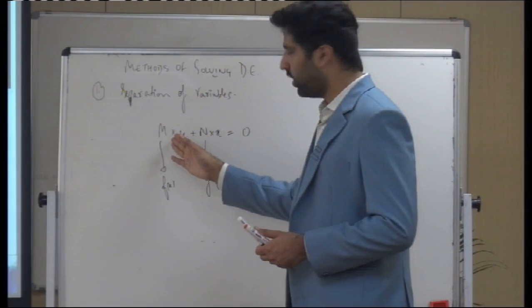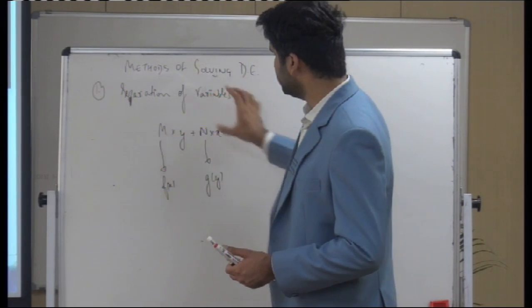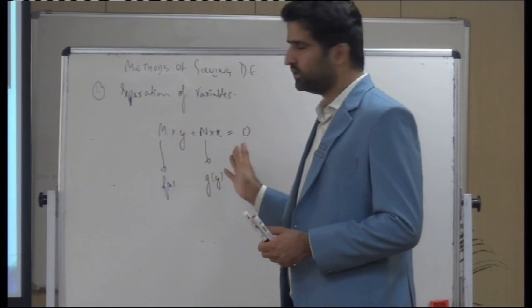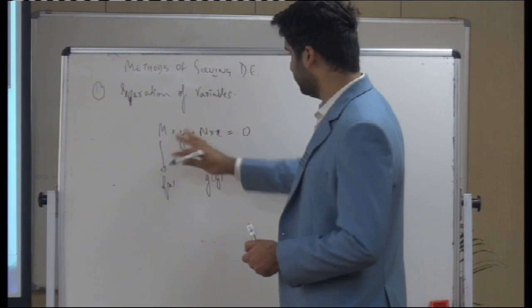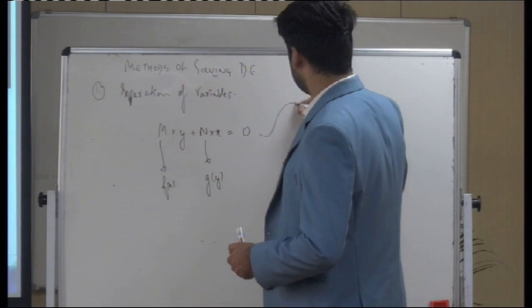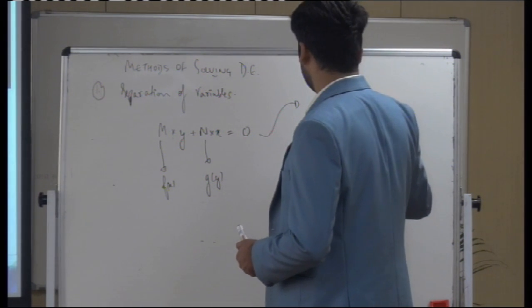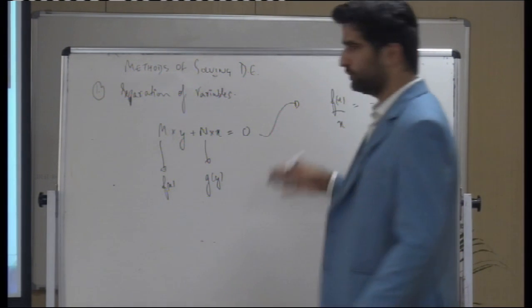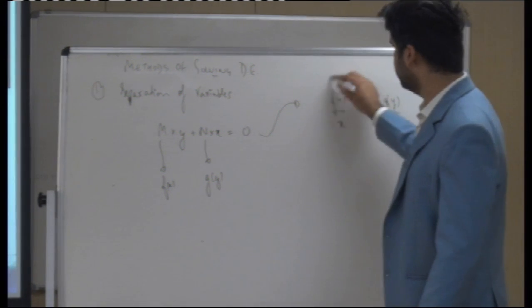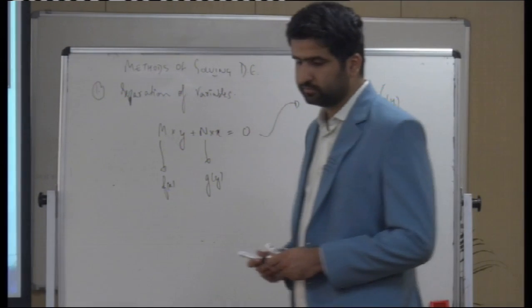So we take all the terms containing y on one side and all the terms containing x on the other side. No matter which term is going where, it doesn't matter. So f of x upon x is equal to minus g of y upon y. What will we do after this? We'll integrate both sides. Okay, and that's how we'll get the answers.